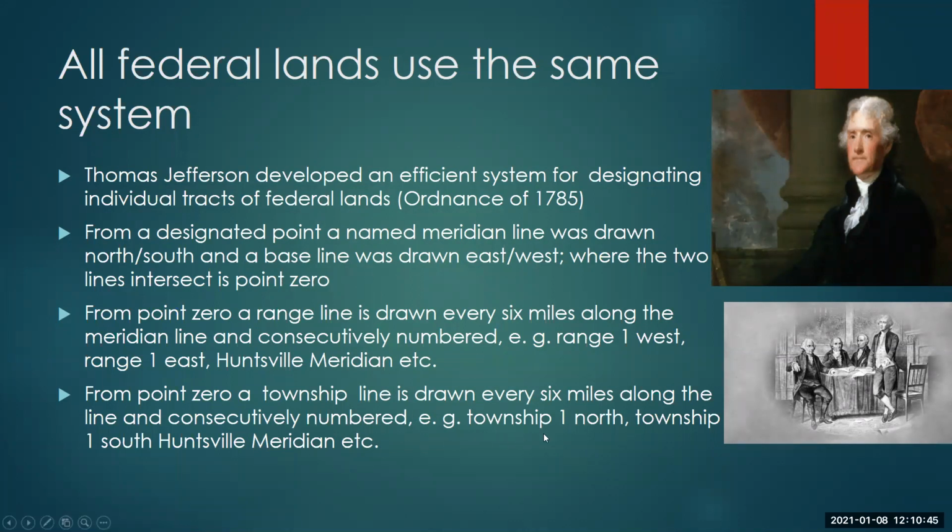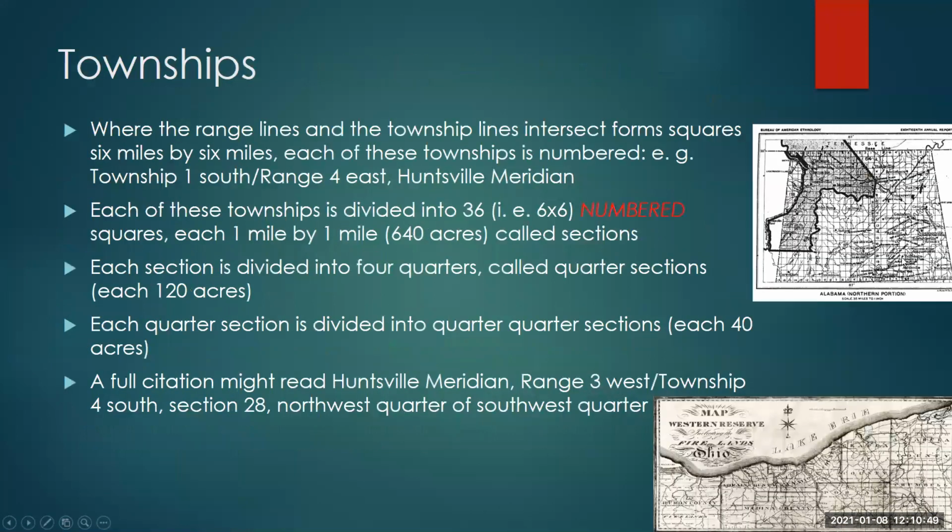All right, moving right on. This is Alabama. This is the Huntsville Meridian in Alabama, and its baseline, which runs right along here. Where the range line and the township line intersect forms a square that is 6 miles by 6 miles.